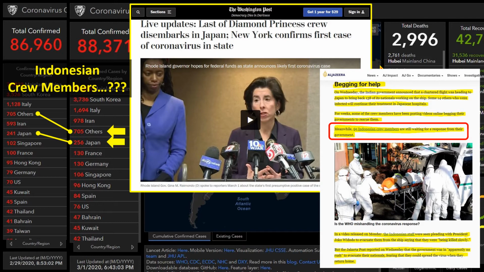Most of the crew was either from the Philippines. The Philippines repatriated their citizens like 3 or 4 days ago. There were 445, I think, if I remember correctly. That's a lot of Filipinos, basically most of the crew.